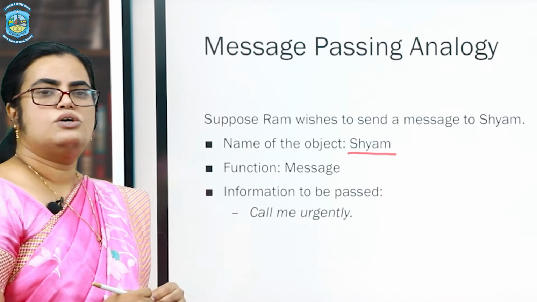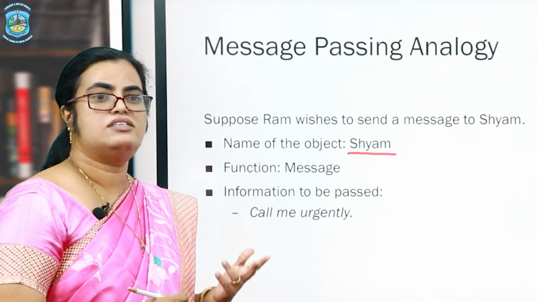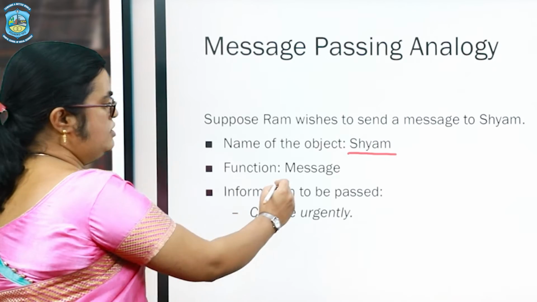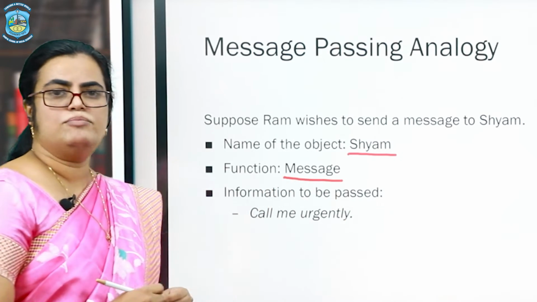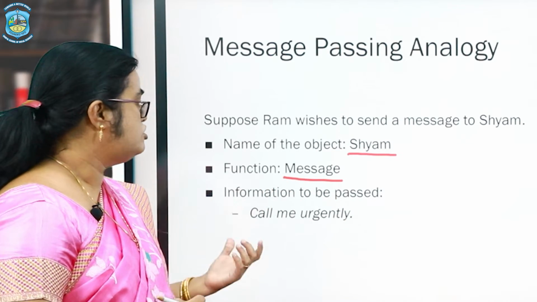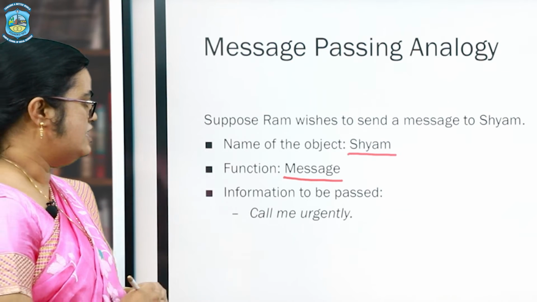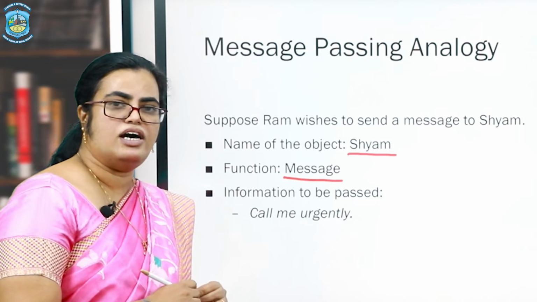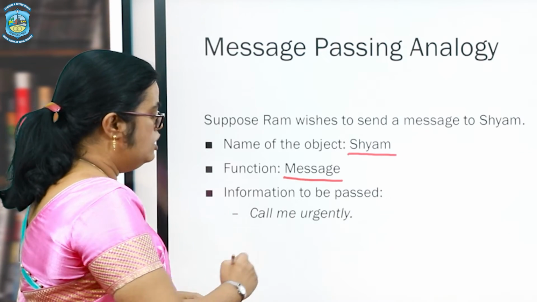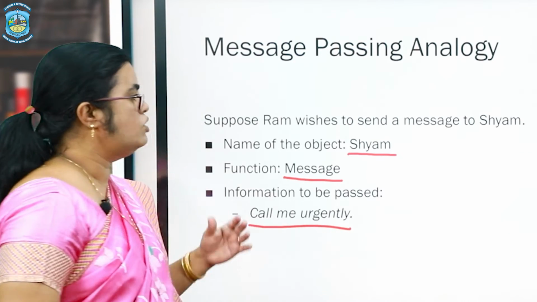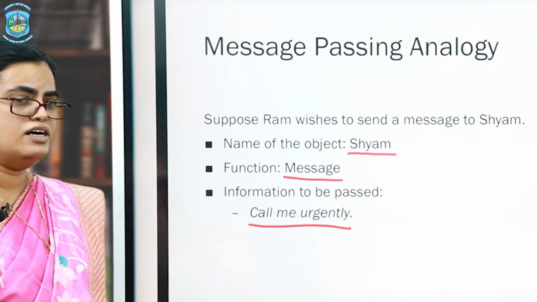The next thing is, what is he going to share with Shyam? So here, the message that Ram is going to give to Shyam is going to be the function that they are going to share. And finally, what is the information to be passed in that function? So probably Ram might want to tell Shyam, call me urgently.